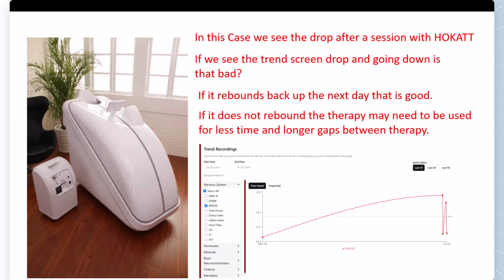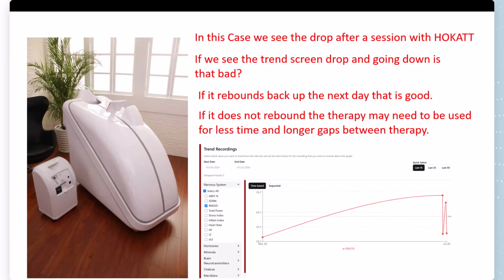If we see the trend screen drop and going down, is that bad? Well, if it rebounds back up the next day, that is good. If it does not rebound, the therapy may need to be used for less time, and we may have to lengthen the gap between therapies. So less time and longer gaps, right, between therapy.